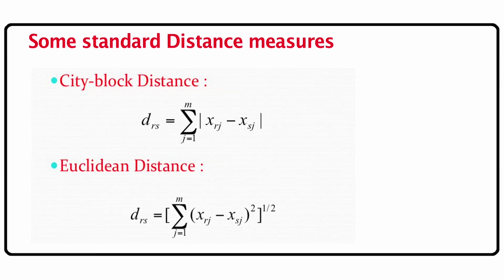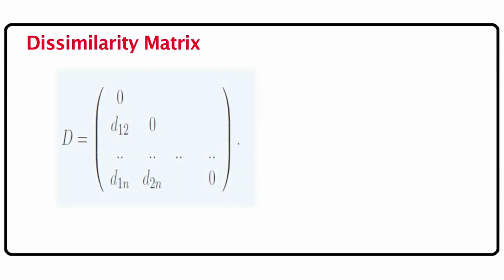Now, having defined the type of distance we will look at, we form what is referred to as a dissimilarity matrix. Now, if you look at this matrix D here, you will find that the diagonals are 0 because the diagonals are the distance between the individual and his own self. So, the first element D11 is the distance between the first individual and himself and hence is 0.